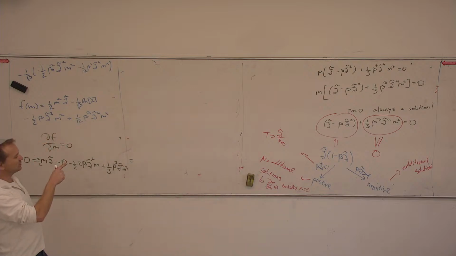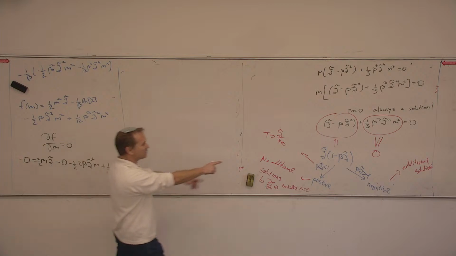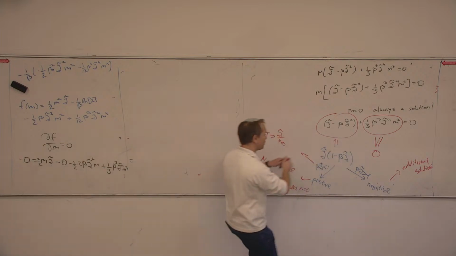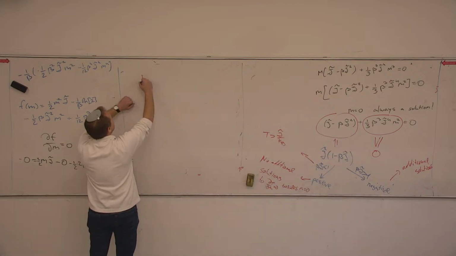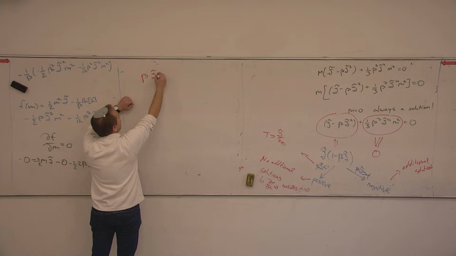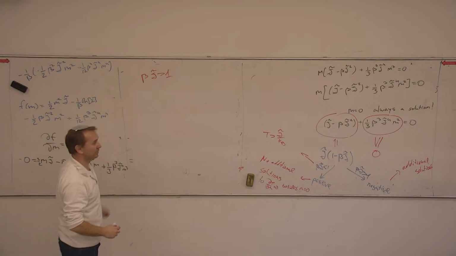The last part. Let's solve this. So we assume that beta J tilde is larger than 1.